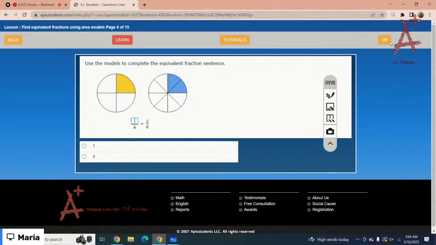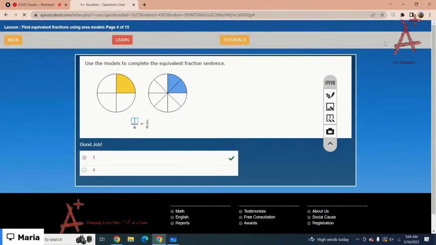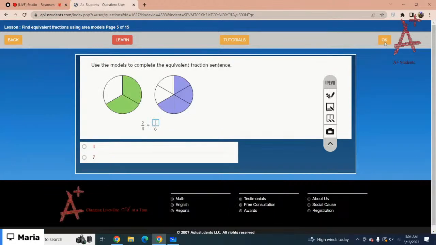Yes, it would be 1 out of 4. Just one portion is colored out of the 4. So it would be 1 out of 4. The correct option is 1 out of 4. Okay, use the models to complete the equivalent fraction sentence. So which is the correct option?